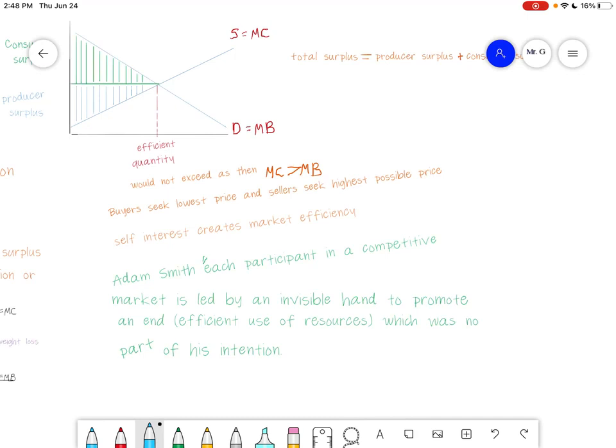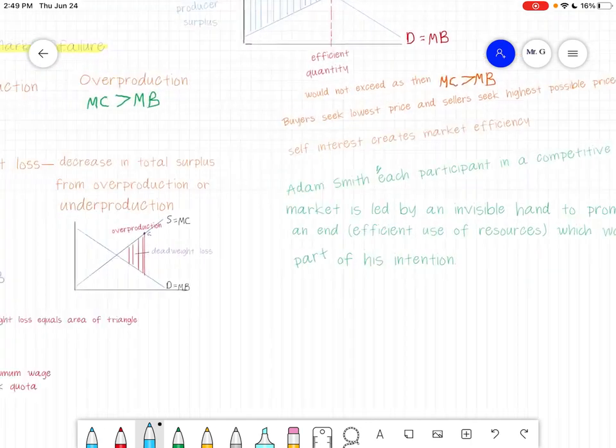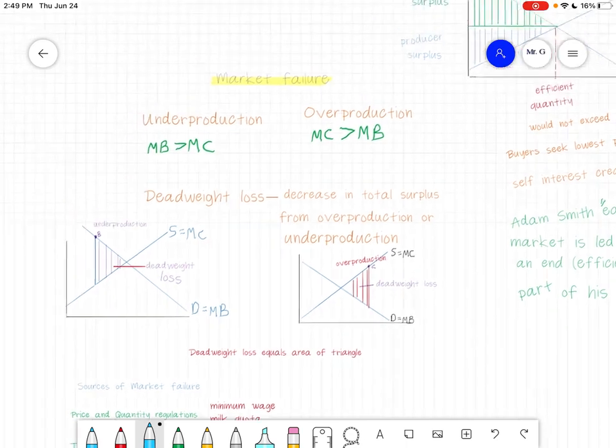When you're buying a drink or going to fast food, you're not thinking, I'm really hoping I'm making the market efficient right now. That's not your intention. Your intention is looking out for your own self-interest: I have this amount of money, and I'm willing to pay that for the benefit I'm receiving from this. But the end result is that you have an efficient system.